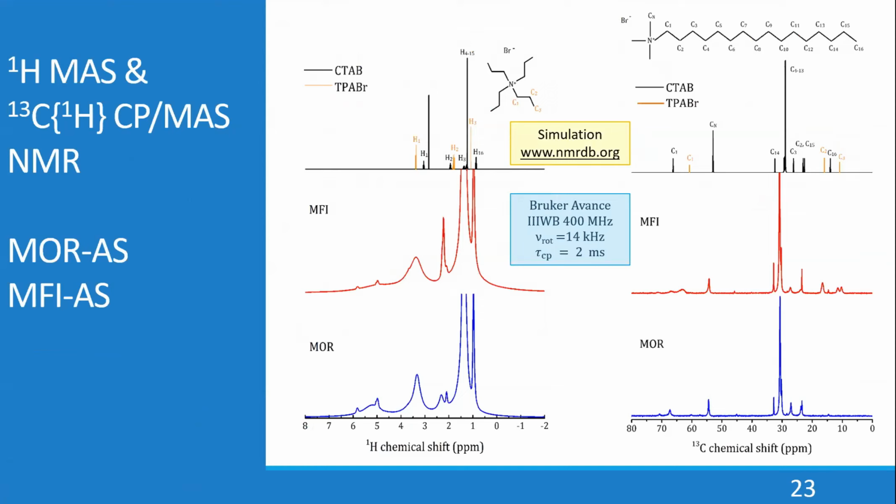Now, let me tell about the NMR study of the synthesized materials. As I said at the beginning, these materials were prepared by a self-assembly method, and here 2D layers of zeolite are separated by organic molecules, for example, CETA.